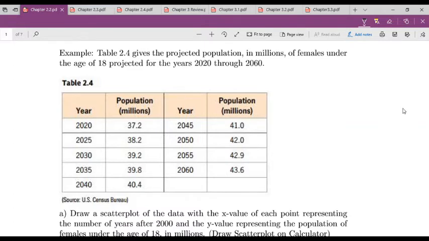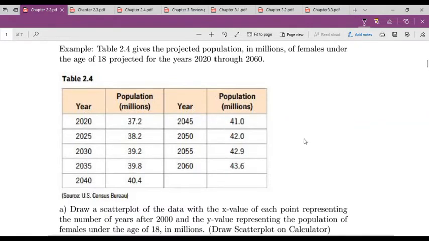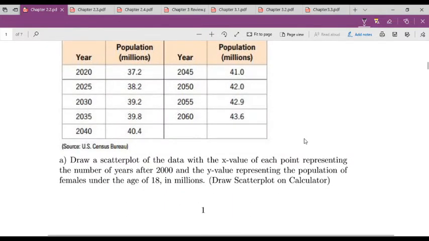So what you have here are the years and the population in millions. Part A says draw a scatter plot of the data with the x value of each point representing the number of years after 2000. Now that's important here, this after 2000 is very important.